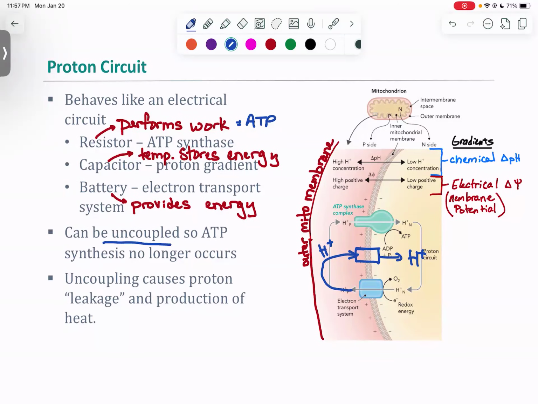That's the uncoupling. So when it's uncoupled, it bypasses the ATP synthase complex, so ATP synthesis doesn't occur.